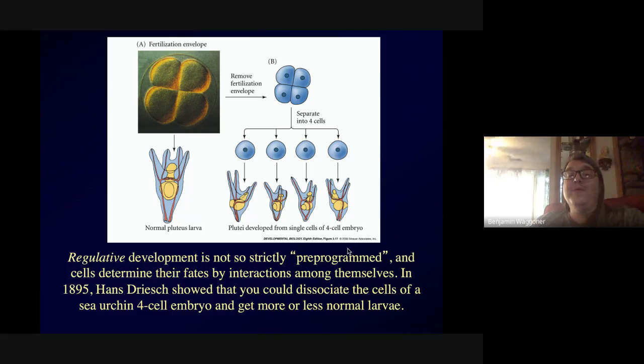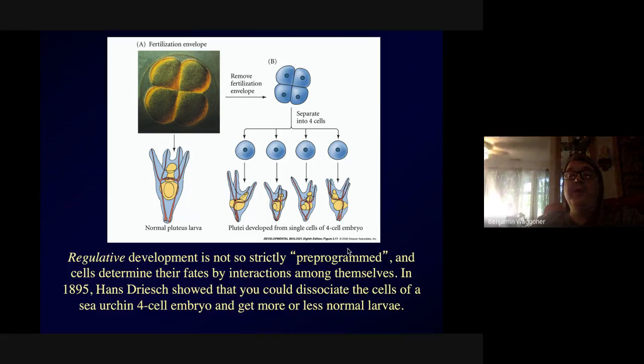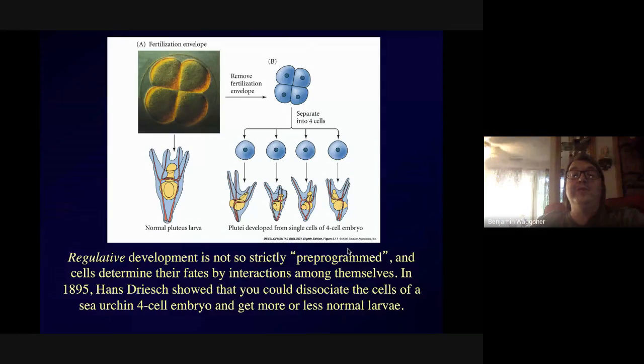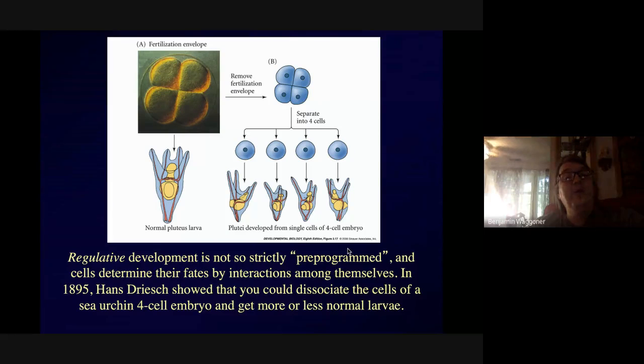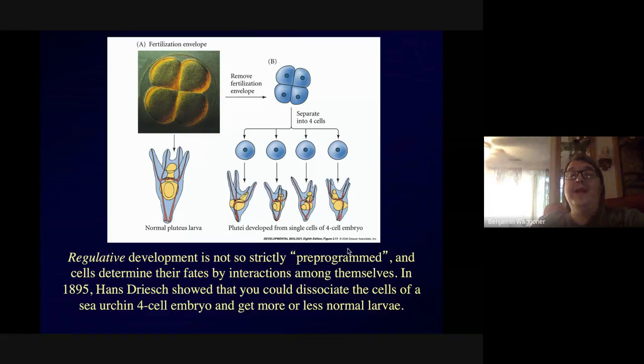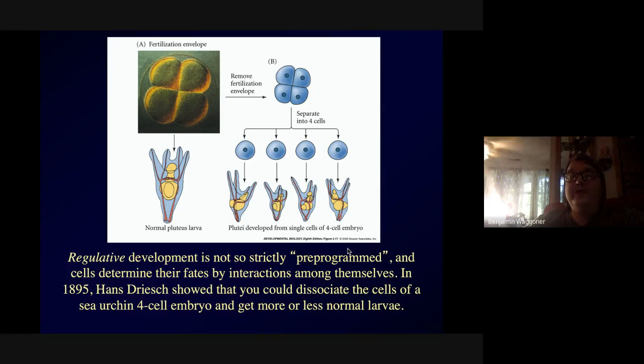And it turned out that each one of the 4 cells on its own could develop into a more or less normal sea urchin larva. A normal sea urchin fertilized egg will develop into a type of swimming larva called a pluteus, which you see at the lower left. And if you cut apart a 4-cell embryo of a sea urchin, each one of those 4 cells will develop into a more or less normal pluteus.